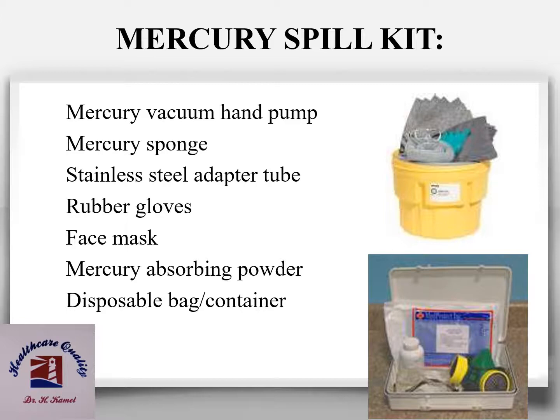The mercury spill kit consists of a mercury vacuum hand pump, mercury sponge, stainless steel adapter tube, rubber gloves, face mask, mercury absorbing powder, and a disposable bag or container.